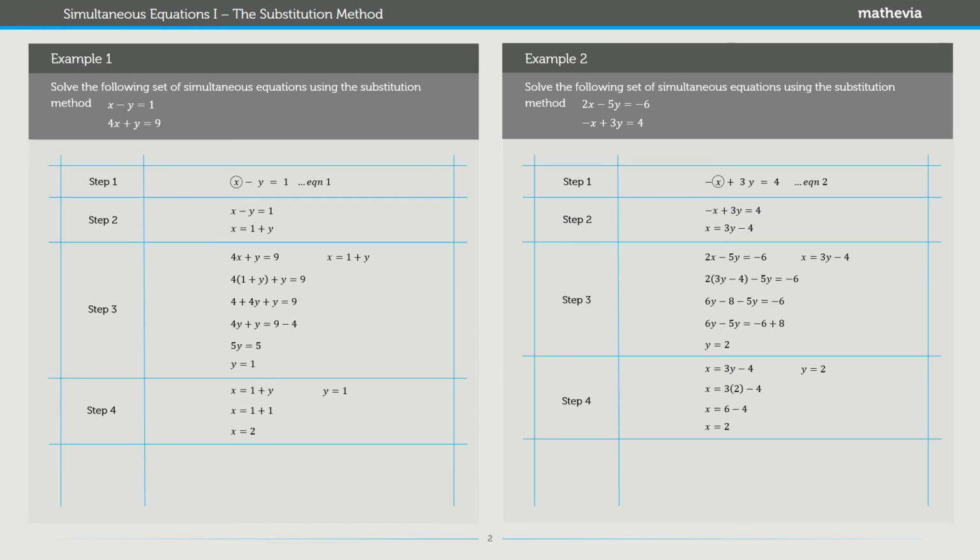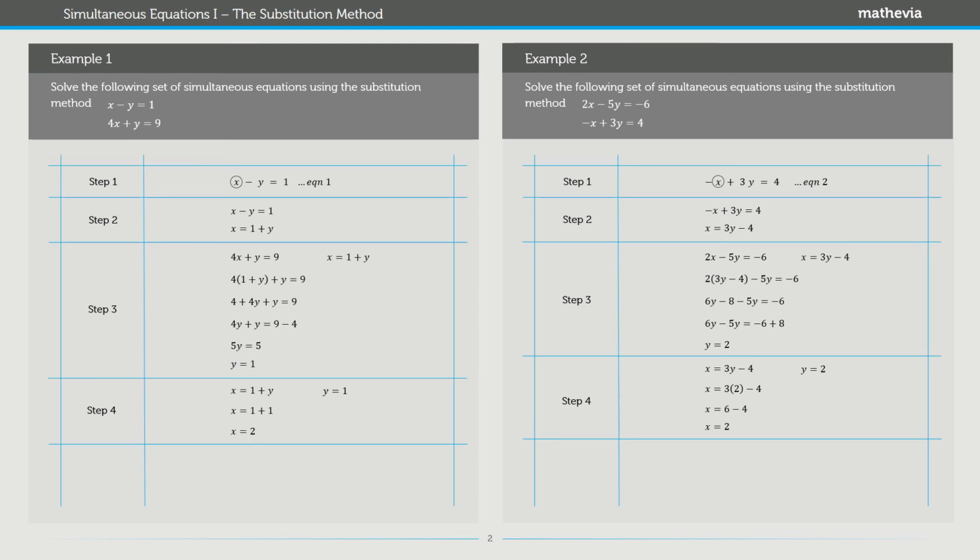Something important I need to point out here, if you notice all through the lesson, at step 4 I've always made use of the equation derived from step 2. Why? It's just easier. Basically we used x equals 3y minus 4, and we already have that y is 2, so we just put that into the equation, and once you put that directly into x equals 3y minus 4, it gives you a very straight answer.